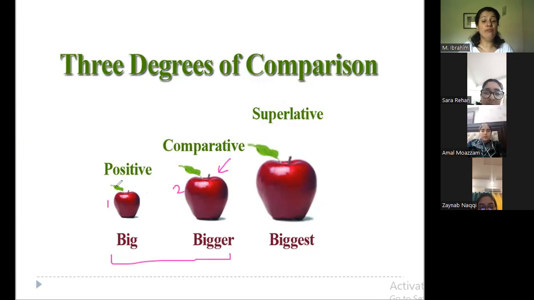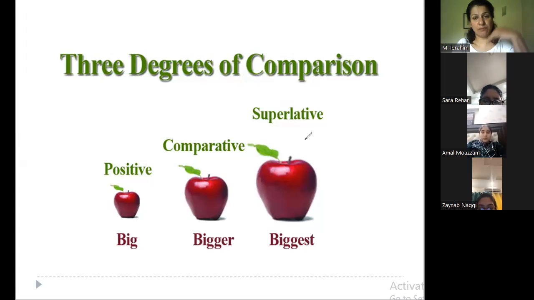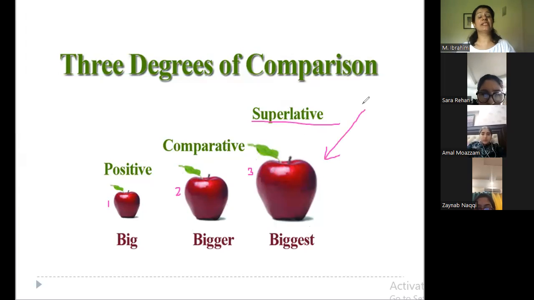But when I have more than 2 things, to compare things we use the superlative degree. First, second, third. Now I will say that the third apple is the biggest. I will not mention out of how many. It is automatically understood that this apple is biggest of all.